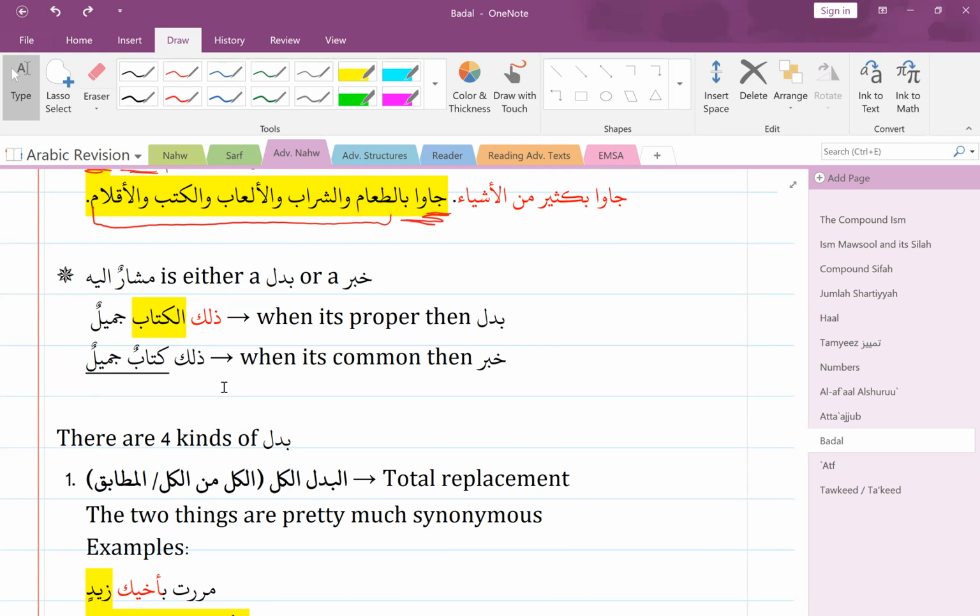Now, I want to just add to that and maybe clarify a few things why that is the case. Remember, ismul ishara is an ism. And when you have an ism that is in rafa' status at the beginning of a sentence, that's your mubtada. That's what we learned about, right? That becomes your mubtada. And that is why when we were talking about pointer without al gives you mubtada khabar.